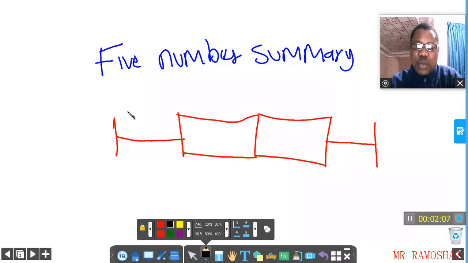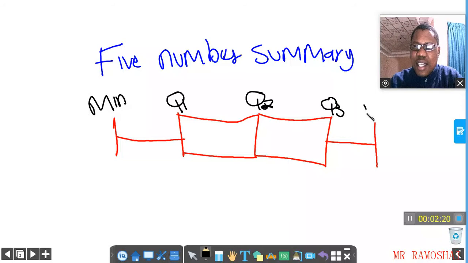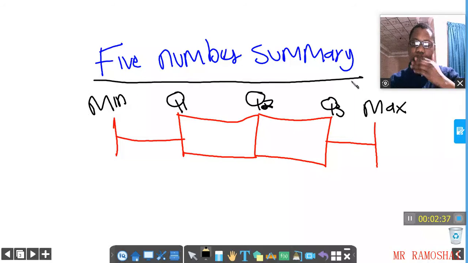The 5 number summary that you're going to see here is minimum, quartile 1, quartile 2, quartile 3, and the last one is the maximum. So this is our box and whisker diagram, right? It shows the 5 number summary, that is on top here. I just wrote 5 number summary, right?